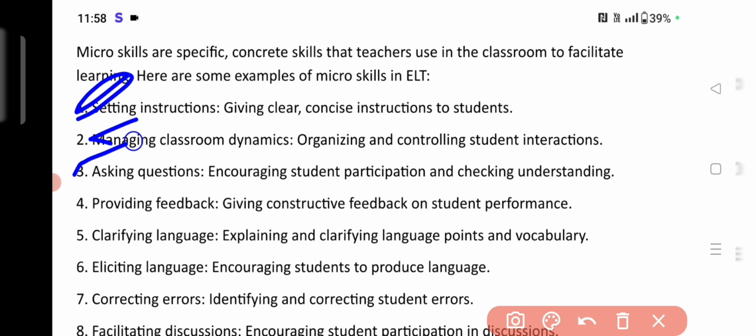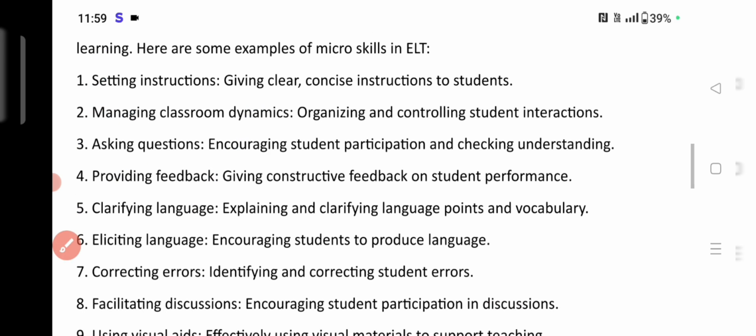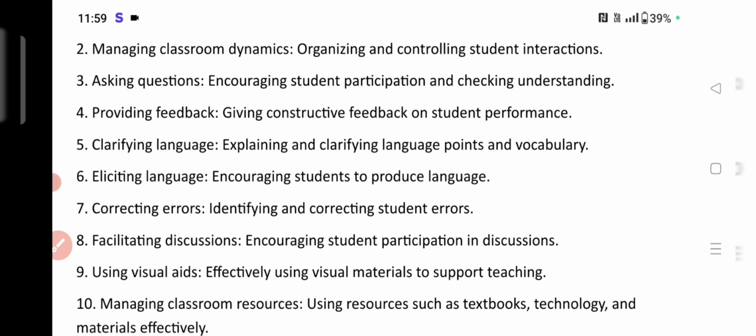asking questions, like whether they are actively participating or not, you can check their understanding by questions, providing feedback on student performance, clarifying the language. Whatever the language, explain it clearly, clarifying language points and vocabulary.